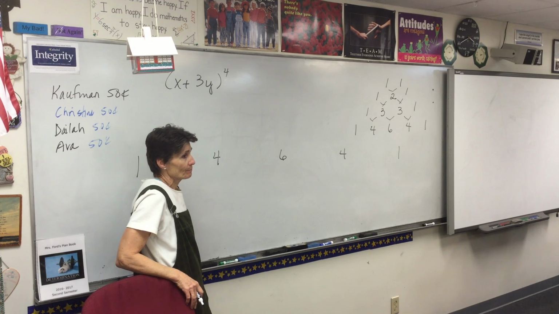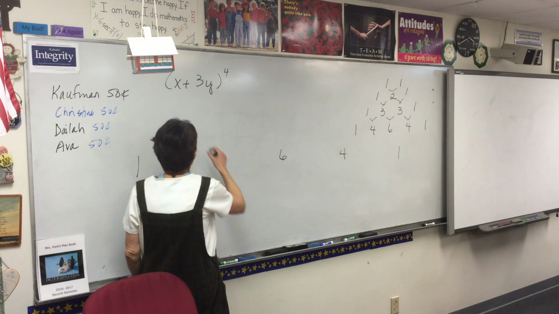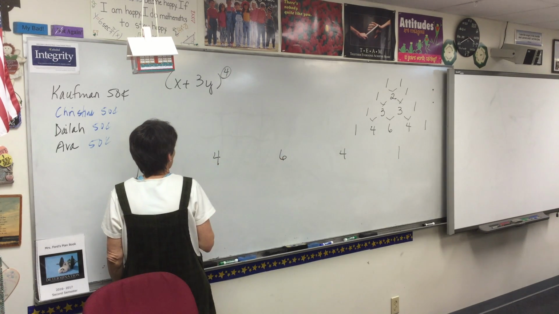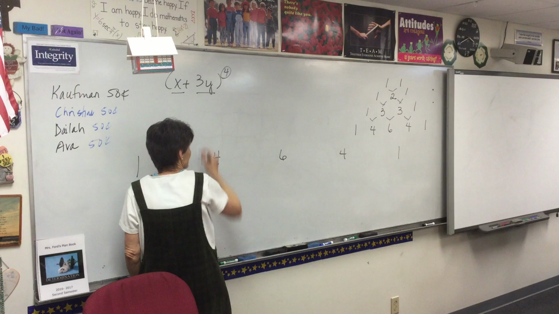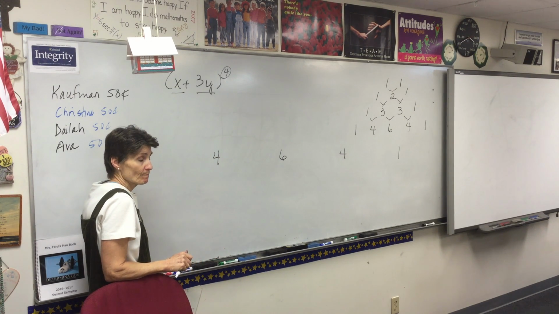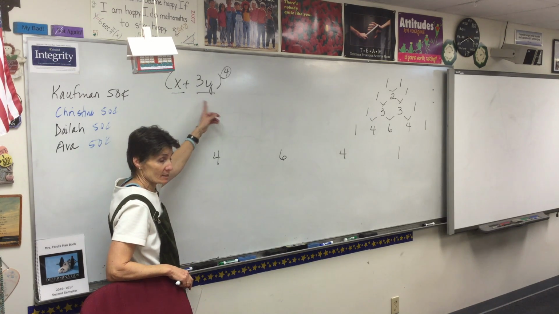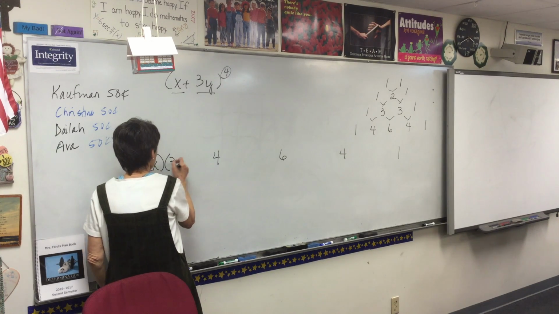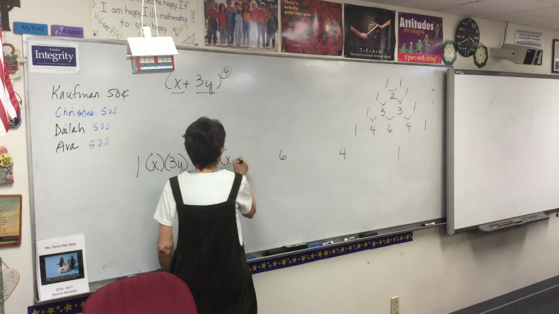Now what? Now we look at the problem. So this tells us which row to go to, so we did that already. Now we look at these, the 2 individual components of the problem. This is binomial expansion, so there's going to be 2 parts of the problem, and we write down each piece in parentheses.